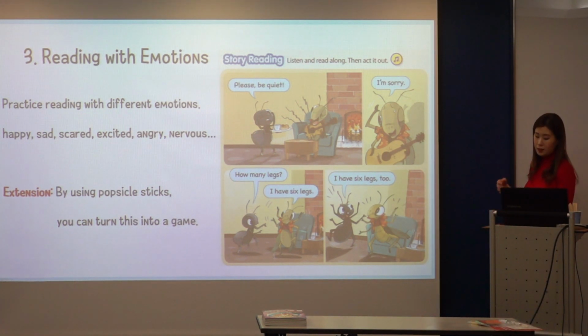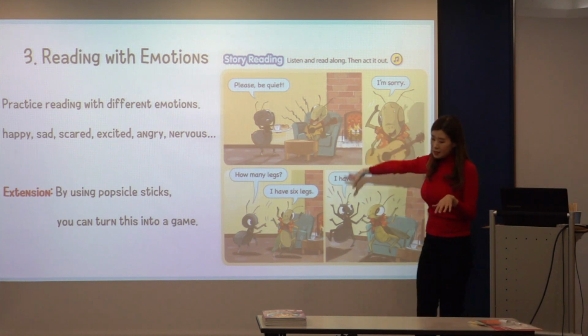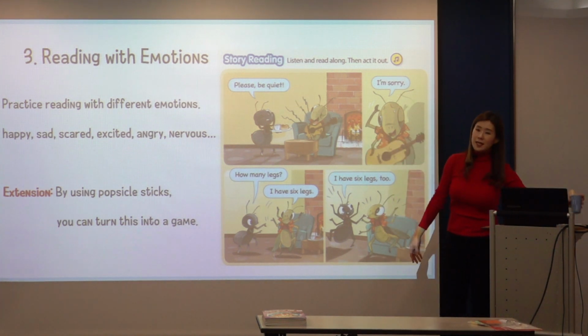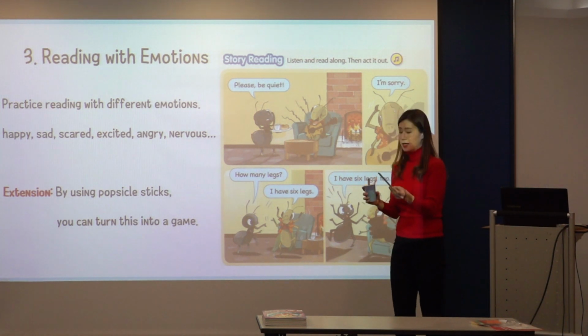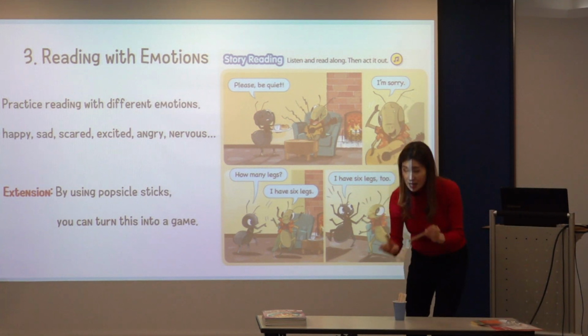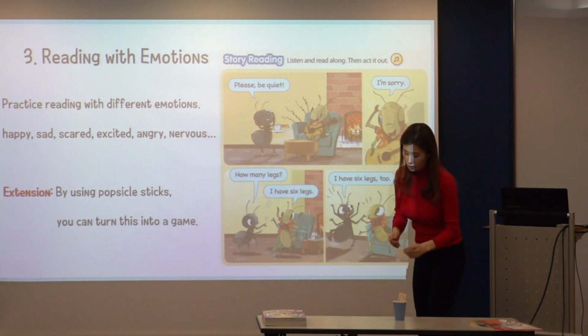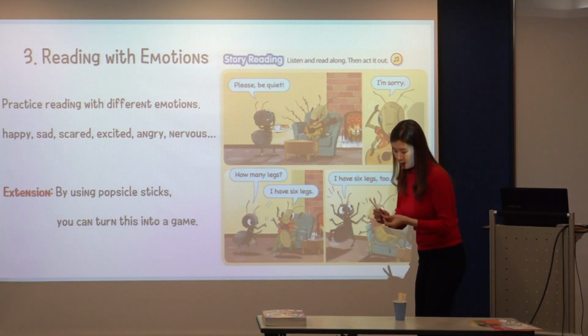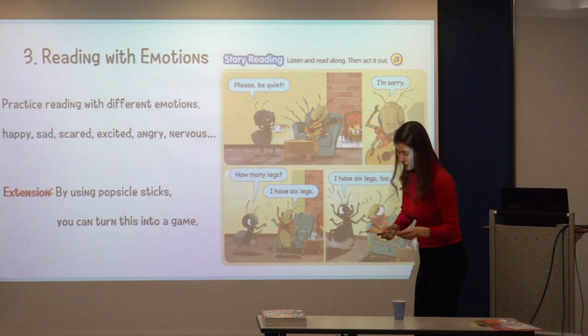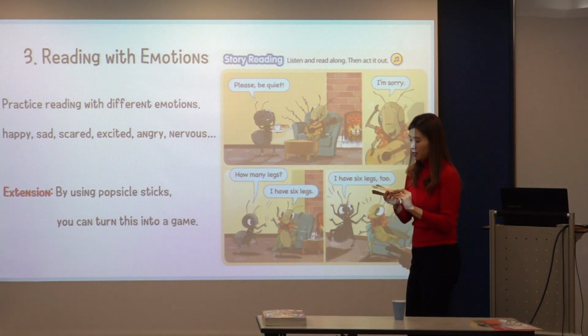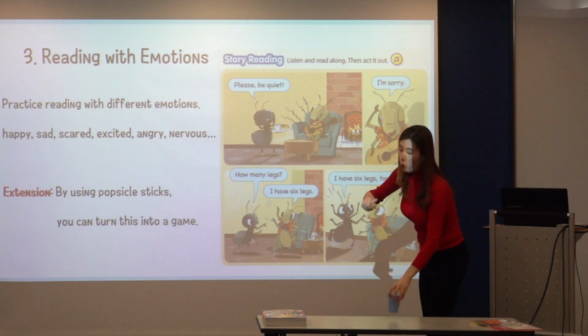Okay. Now you know how to use it, but you can also use it as a game. This is a popsicle stick, and I wrote down different feelings and emotions here, like sad, happy, shy, excited, nervous, angry, scared. You can put more.